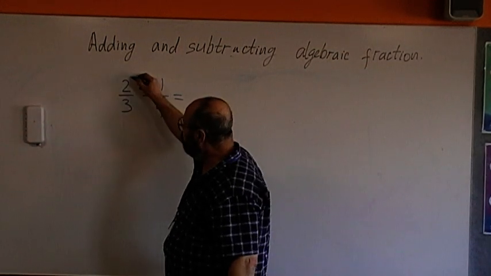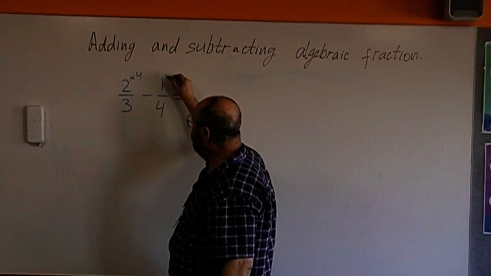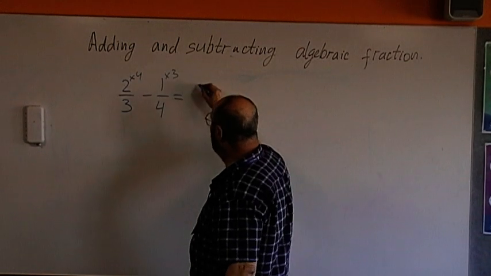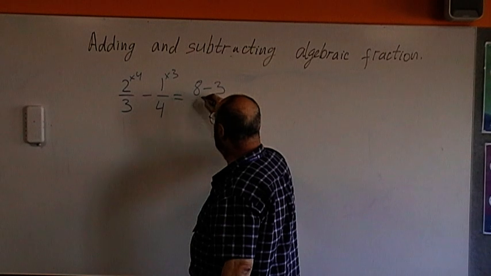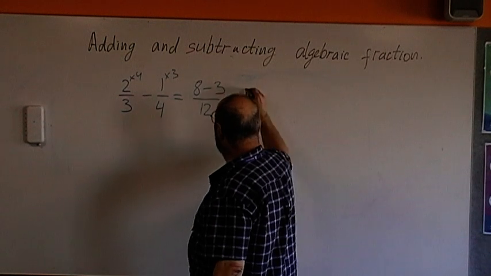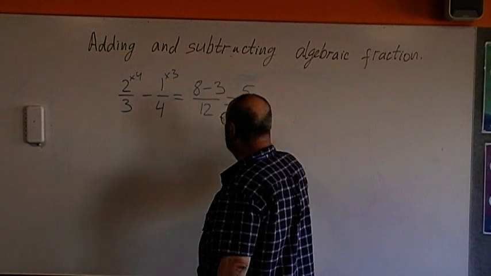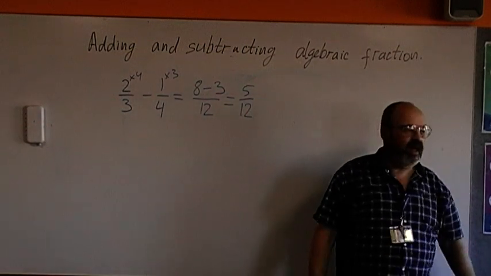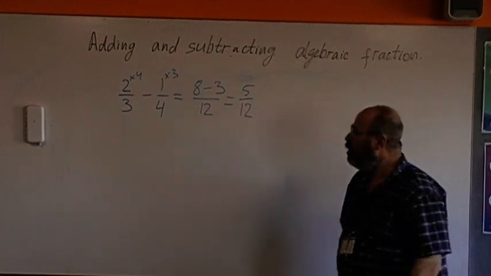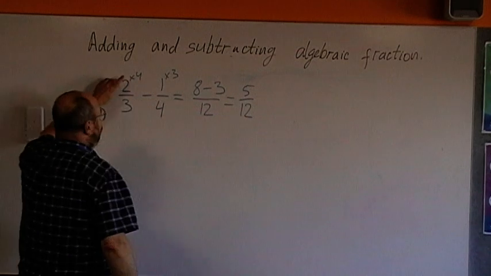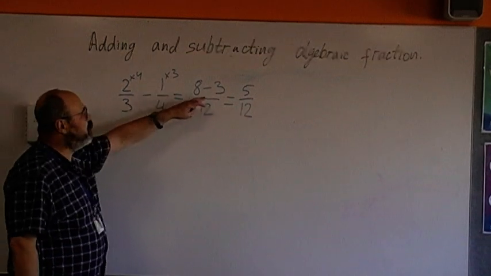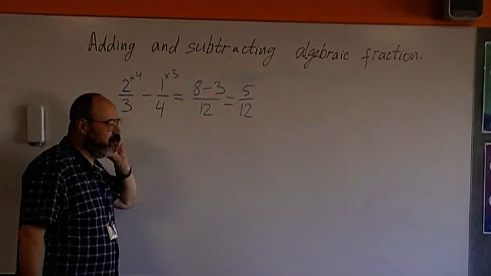So we multiply this by 4, this by 3, so we have 8 minus 3 over 12 equals 5 on 12. 2 times 4 is 8, 1 times 3 is 3, 8 minus 3 is 5.